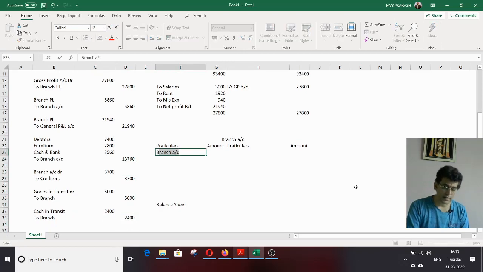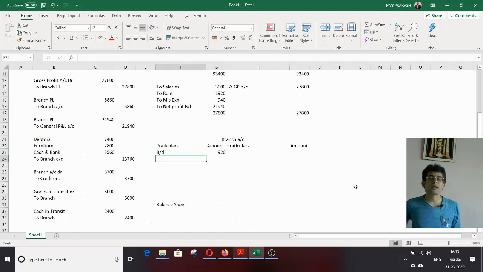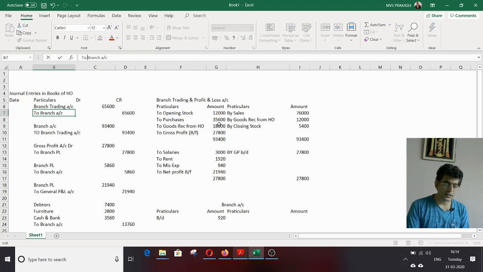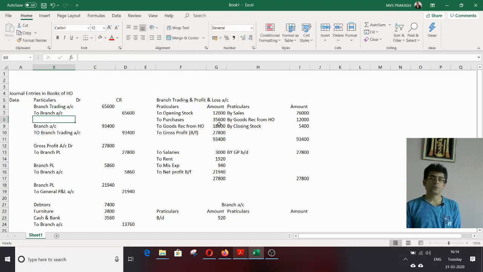Now let us come to the branch account. Balance brought down. How much? 920. So he's telling you, you are having a balance of 920, and all these entries, whatever he had passed, I need to reflect in my branch account. So what is our first entry? Branch trading account debit to branch account, amounting to 65,600.